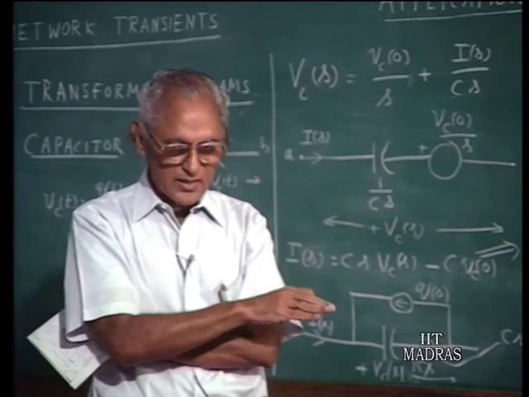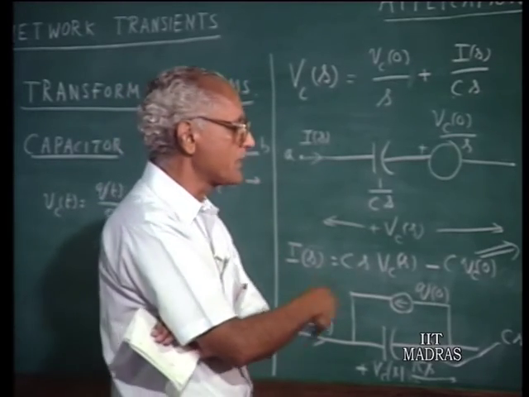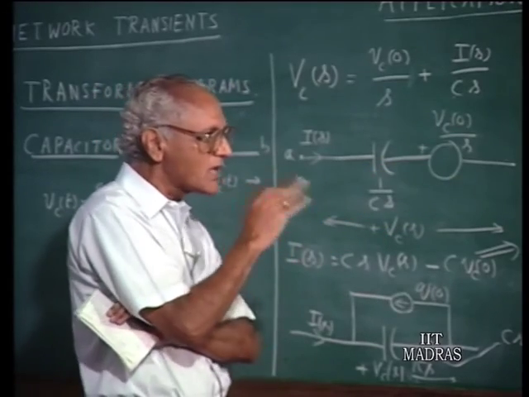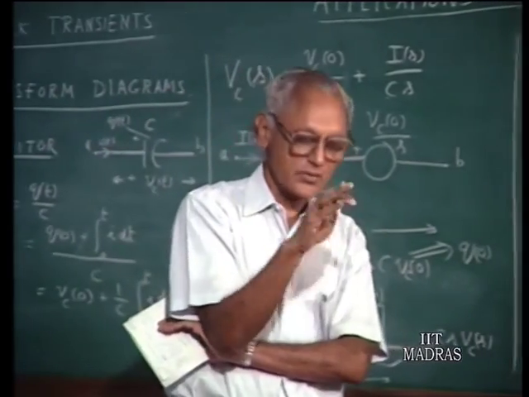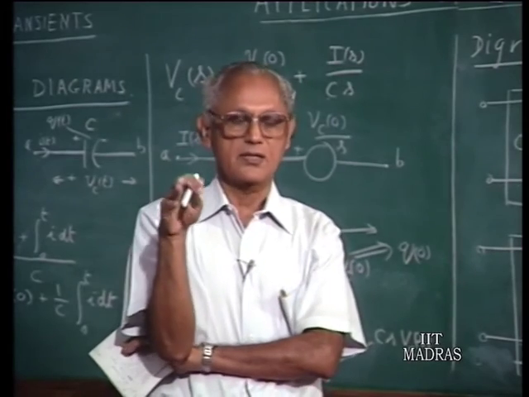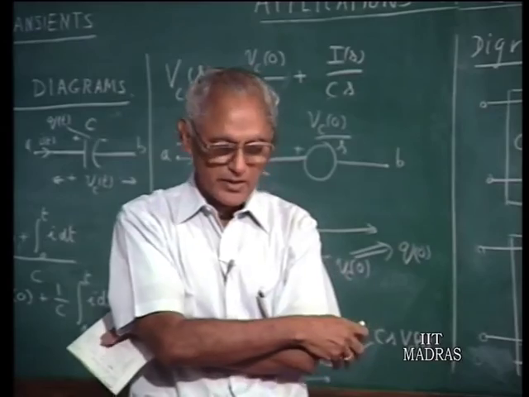Because initial currents in an inductor and initial charges in a capacitor can be represented by equivalent sources, as we have seen, without any loss of generality we can think of a situation where we are considering the effect of sources on circuit elements which do not carry any initial current or initial charge, because those initial conditions can be replaced by equivalent sources.